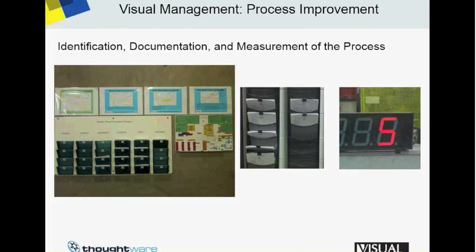Let's go to process improvement: identification, documentation, and measurement of process, because visual management is a problem-solving framework, as we've been saying, exposing and countermeasuring problems. So it becomes critical that we define what a problem is. And we're going to define a problem as a variance from our standard.